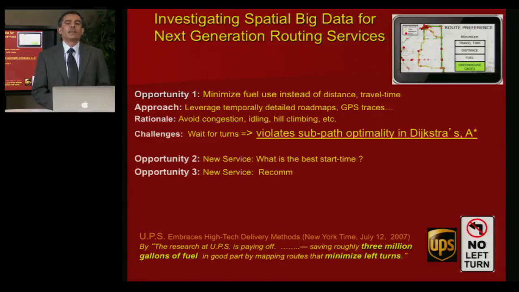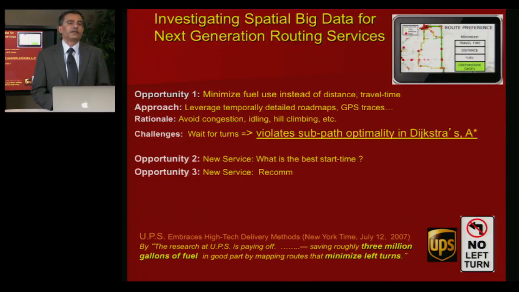For example, today we usually say, if I start right now, what's the shortest path? But if you had these new big data sets like temporally detailed roadmaps, which know your typical week's behavior minute by minute, you could ask a different question. You could say, I have a meeting at 9 a.m. What time should I leave home to spend the least amount of time on the road network?